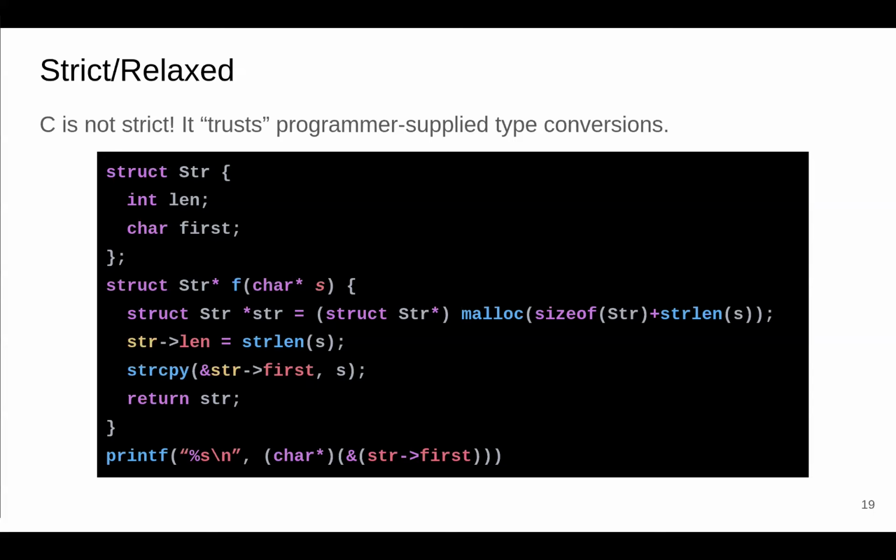Or you can add 2 pointers, which is also undefined, or you can subtract 2 pointers. Again, in most other type systems, this would not be possible. Why would you want to subtract 2 pointers? For example, to figure out the length of an array, right? You've got a pointer to the beginning of an array and a pointer towards the end of the array.